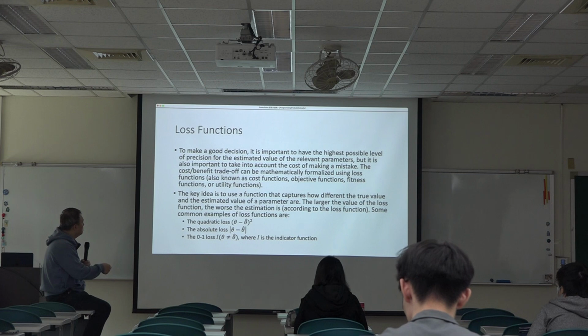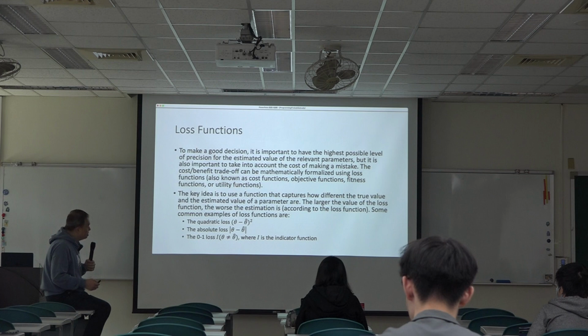This loss function is sometimes also called a cost function, objective function, fitness function, or utility function. Whatever you call it, these names are almost identical to the names used in deep learning, but I just have to remind you they are different. Their purposes are similar, but the usage of this function is very different.